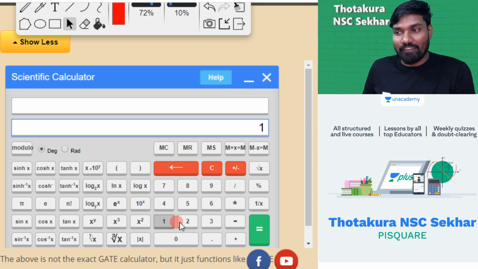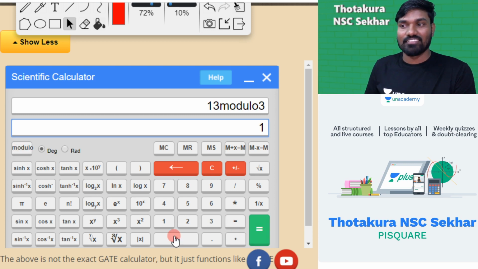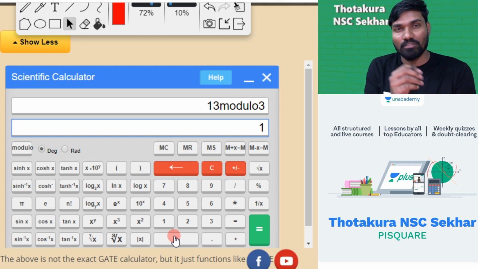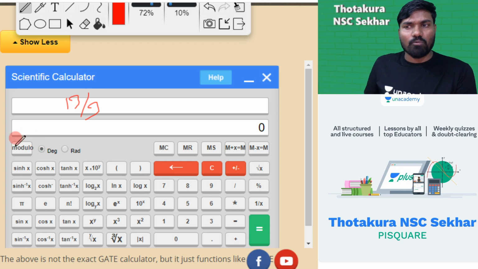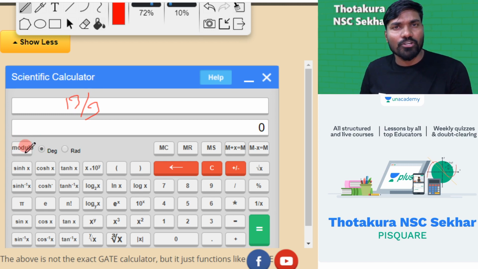So you have to enter 13 modulo 3. That's 1. If you perform 13 by 3, you will get 1 as a remainder. So instead of pressing divided by, I want a remainder, so I am pressing modulo. Modulo, residue, remainder, all are the same.